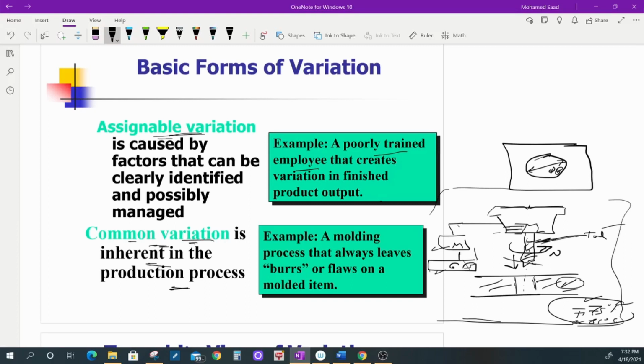But if, for some reason, the operator who works on this machine didn't show up this day, and you have to put someone else who is not well trained to deal with this system, all of this is assignable variation that can be eliminated or at least fixed. But common variation is actually a part of the process. That's how the process works; it cannot be eliminated but can be improved if you want to improve the results of this product.